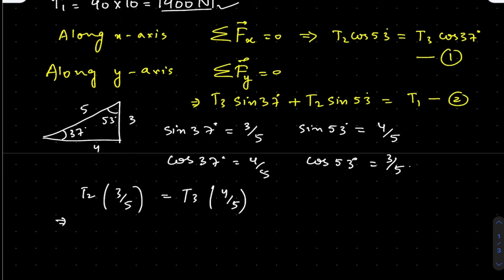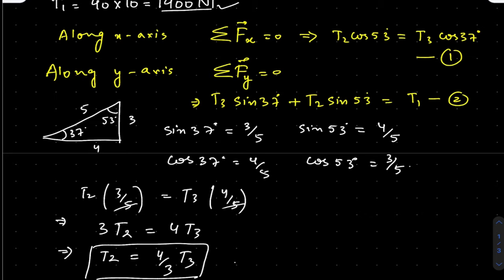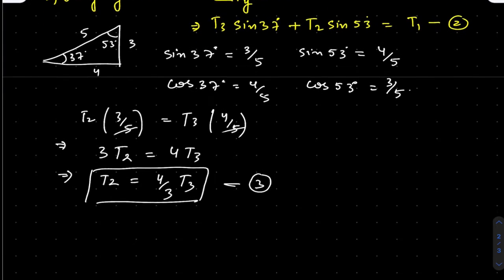So we can handle this equation: 3T2 equals 4T3, because this 5 and this 5 cancel each other. So from here we can write T2 is nothing but 4 by 3 T3. Let's say this is our equation number three. Okay, we will use this equation three in equation two.